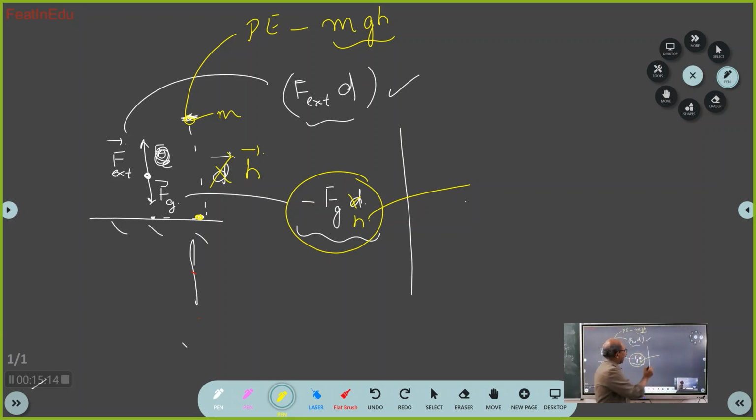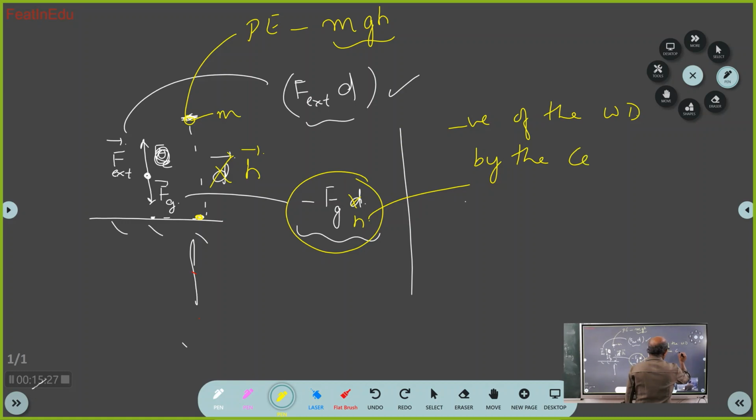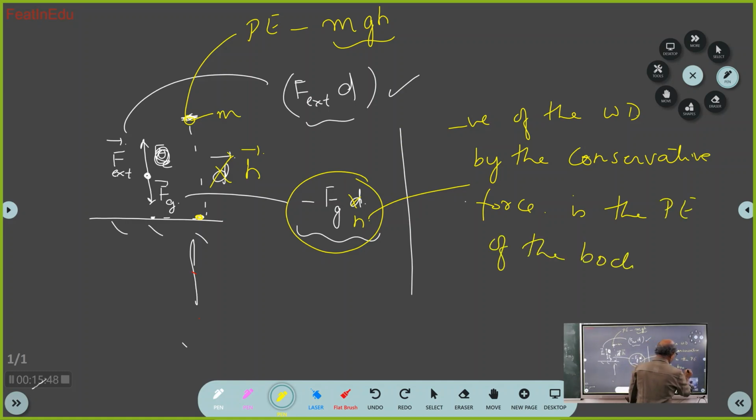Now this work done. I will use the word negative of the work done. Negative of the work done by the conservative force is the potential energy of the body.